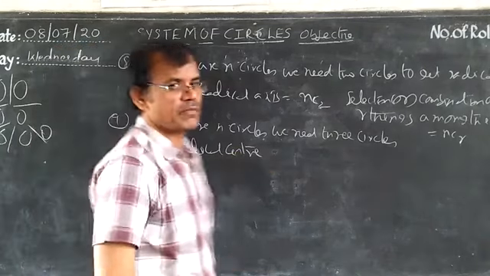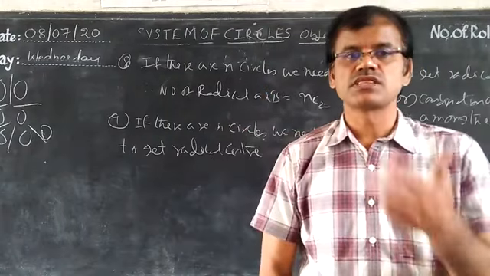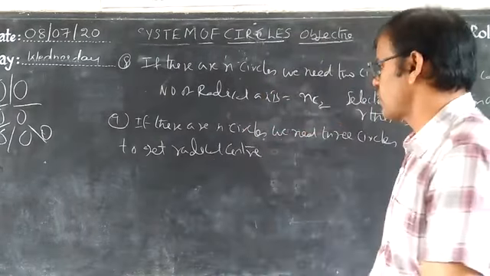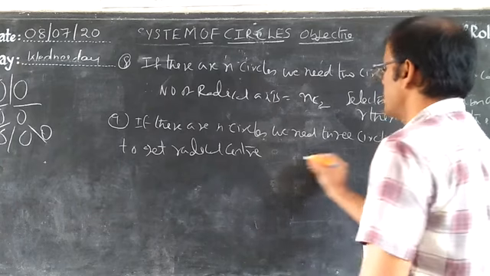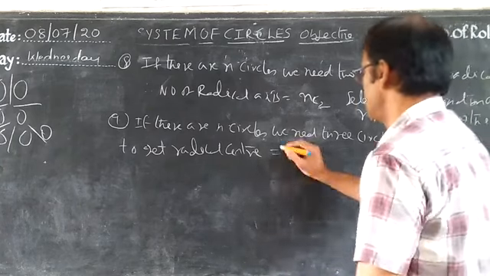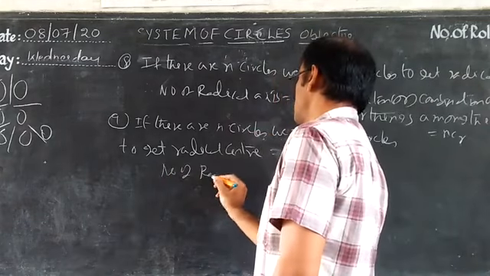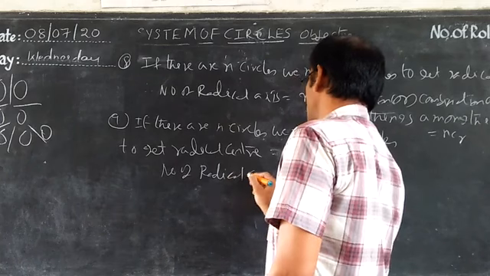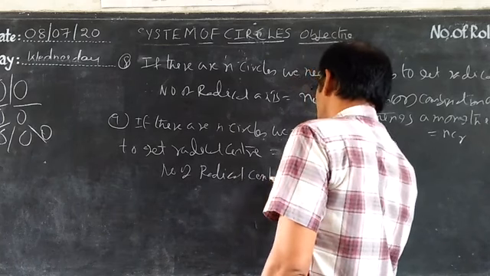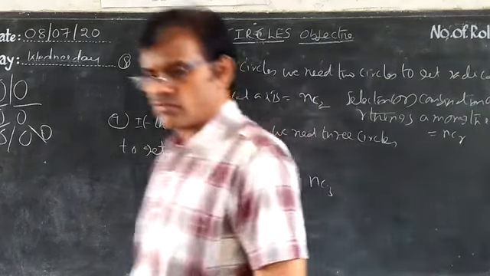I said in the definition that the radical center is the point of concurrence of the three radical axes of three circles. So according to the permutation and combination formula, the number of radical centers is nC3.